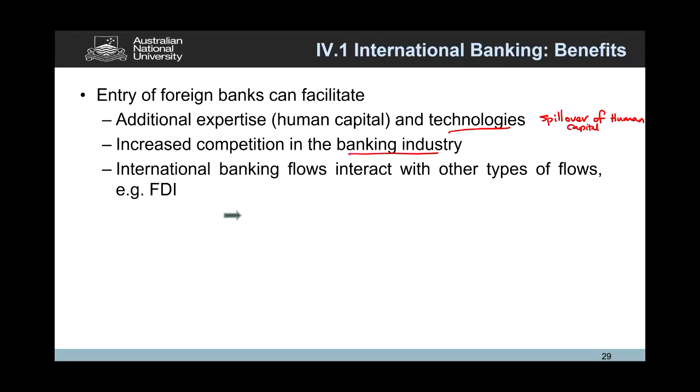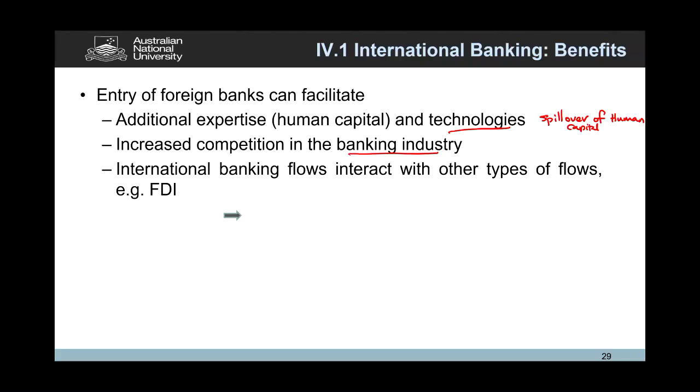Increased competition. If you have an emerging market with just a few banks, the entry of global banks can add competition to the economy. And so more competition, what does that mean? That means lower transaction costs, well, in terms of the bid-ask spread between loans and savings, right?